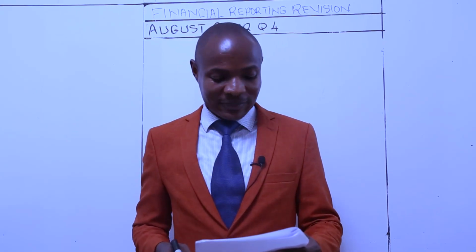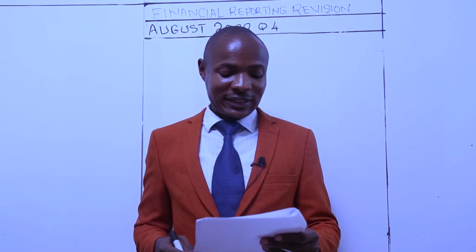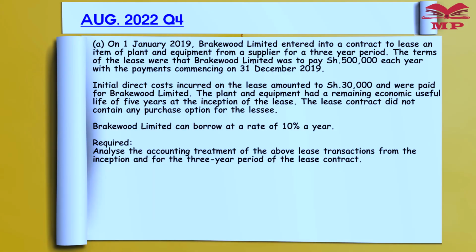So the question reads: on 1st January 2019, Breakwood Limited entered into a contract to lease an item of plant and equipment from a supplier for a 3-year period. The terms of the lease were that Breakwood Limited was to pay 500,000 shillings each year, with payments commencing on 31st December 2019. Initial direct costs incurred on the lease amounted to 30,000 shillings and were paid for by Breakwood Limited.